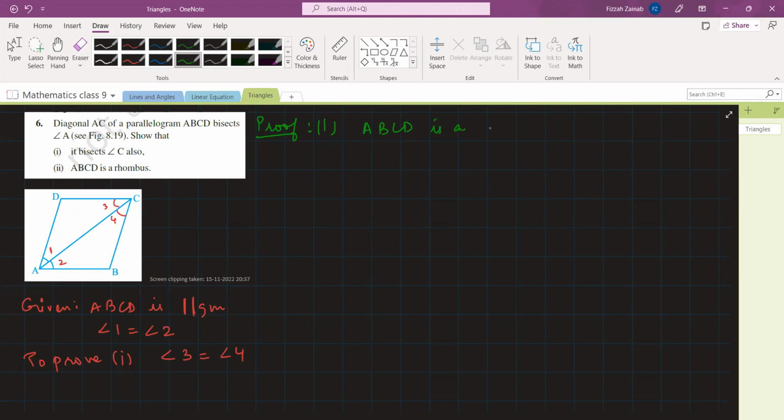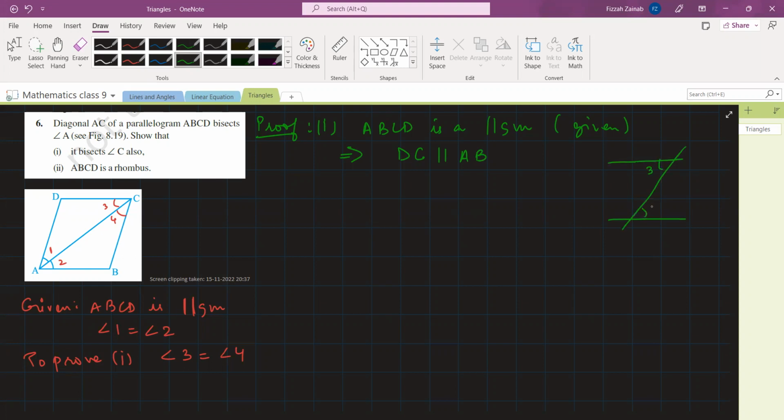ABCD is a parallelogram. Now, if it's a parallelogram, that means this side DC is parallel to AB. Is that okay? So if DC is parallel to AB, and then you have a transversal like this, this angle will be equal to this angle.